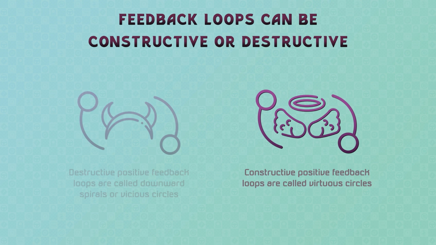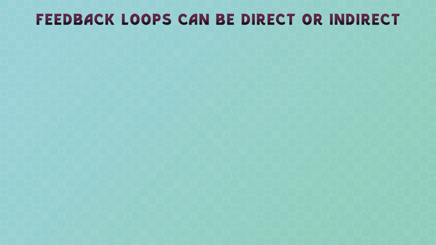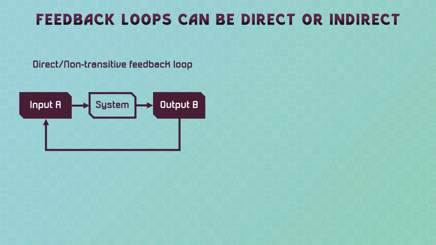So this distinction between constructive and destructive obviously refers to the connection of the effects of the feedback loops to the victory or failure condition, but we could also categorize feedback loops based on how the produced output affects the input, and that would be a distinction between direct and indirect feedback loops. In a direct or non-transitive feedback loop, we have our input A that goes into the system, and based on the input, an output B is produced, and that output then feeds back into the input.